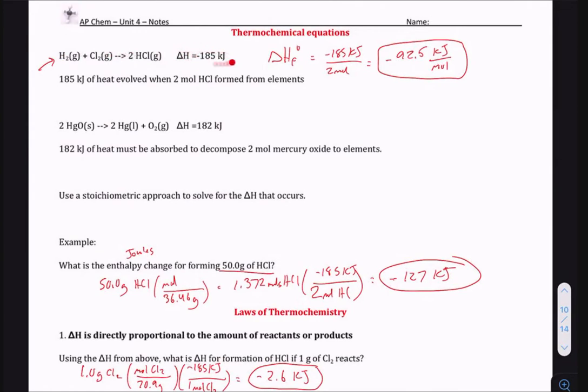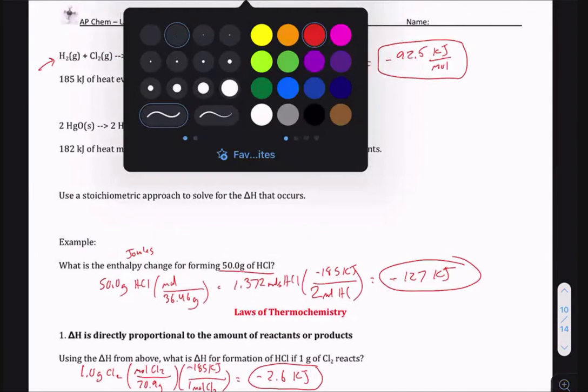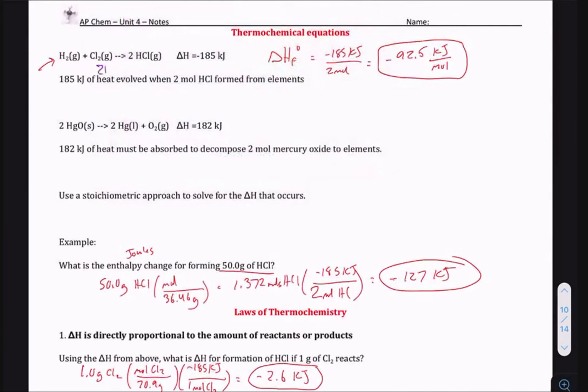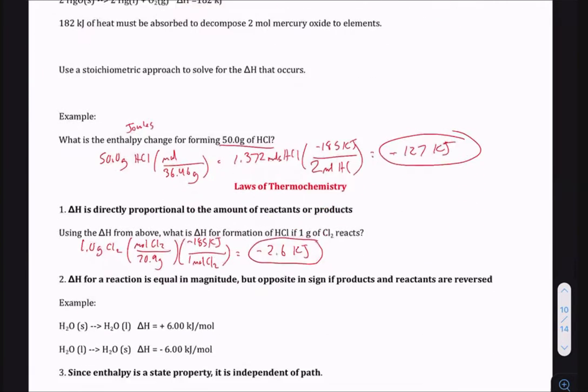If I wrote this backwards, if I said 2HCl goes to form H2 plus Cl2, the delta H would then be the opposite of what was originally listed. It would be positive 185. That's all it's saying. You flip the direction of the reaction, you just flip the sign because you're doing the opposite thing. Okay.